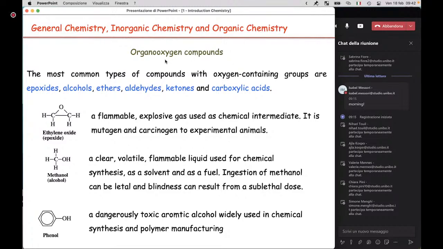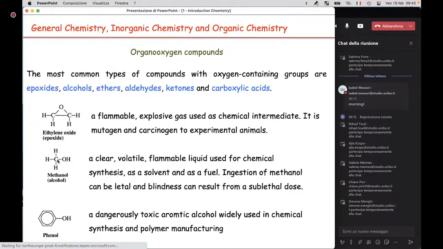We also have organo-oxygen compounds, oxygen-containing organic compounds. We have a lot of different compounds. We have already seen before the epoxide group, a three-member ring with one oxygen.